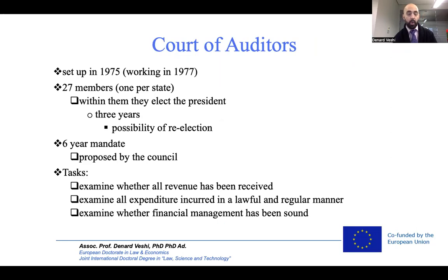The task of the Court of Auditors is to examine whether all revenues have been received, examine whether all expenditure was incurred in a lawful and regular manner, and examine whether financial management has been sound.